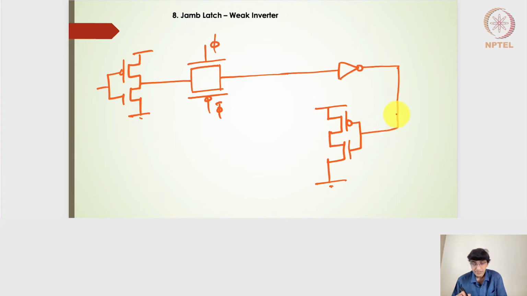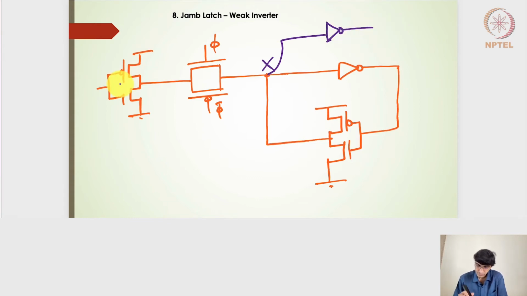So this will be the inverter, and finally it gets connected to the node X. All right, so this is my node X, and then it goes to the other inverter and so on. So this will be my Q signal, right?